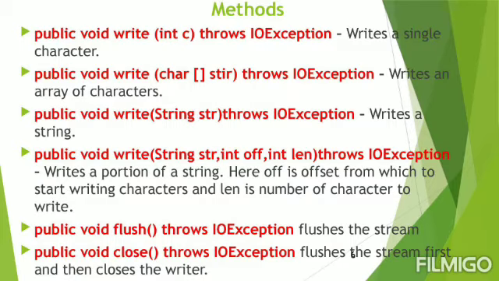Another important function is flush, which is used to flush the stream of data. And the last but not the least function is the close function. This function is used to close the stream. Before closing, it flushes the stream first.